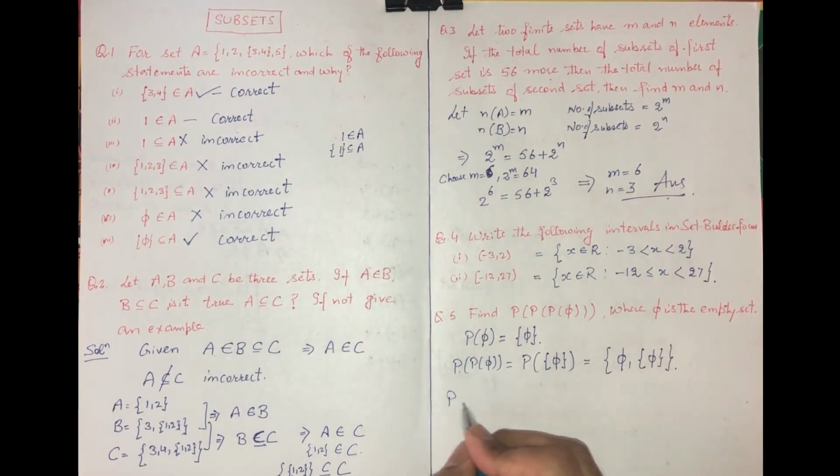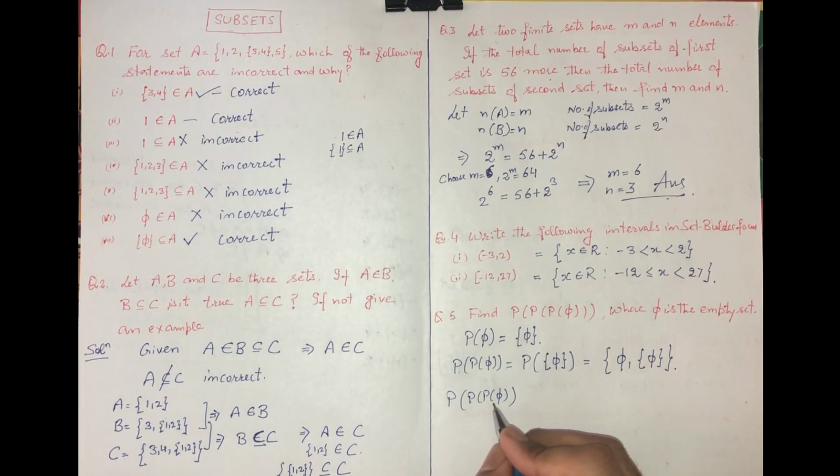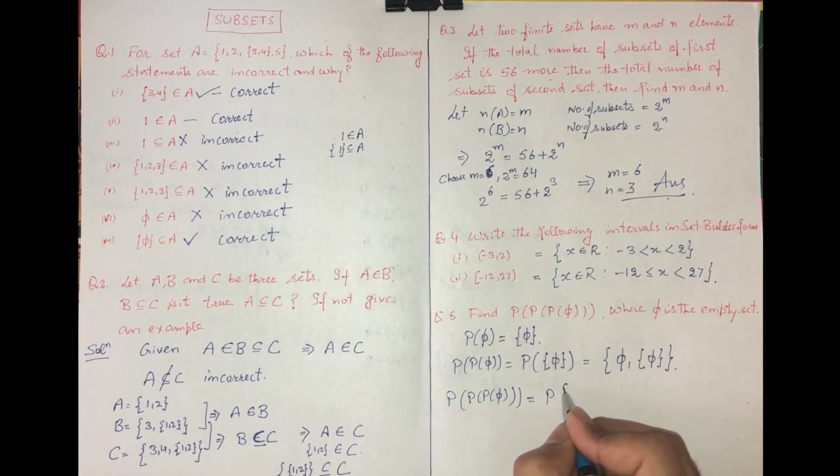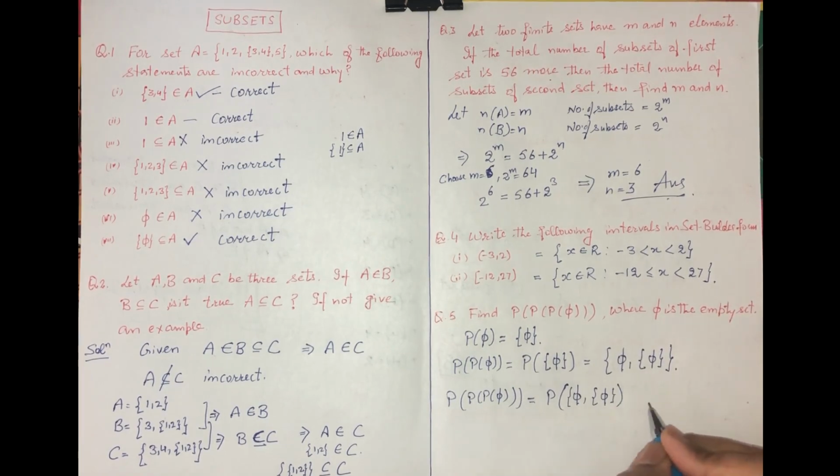Next, third time again, P of P of phi, which is P of this. So how much is that?